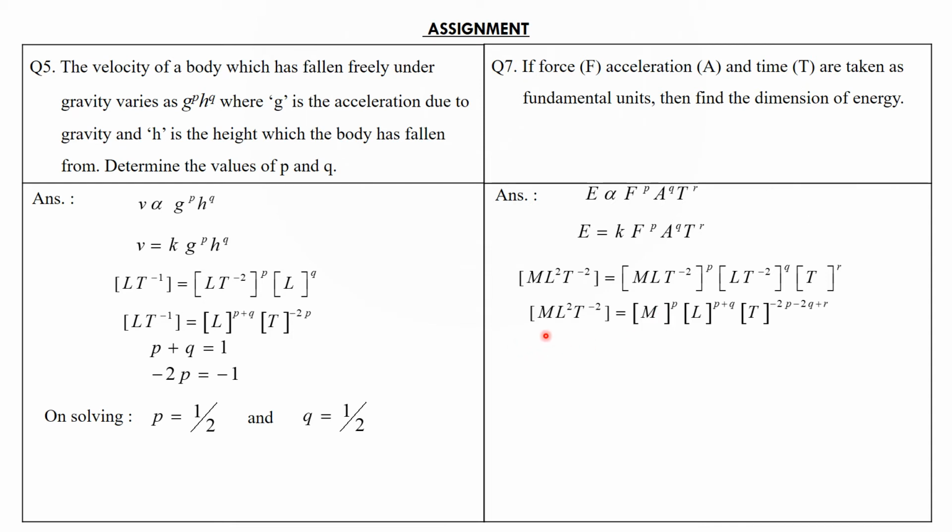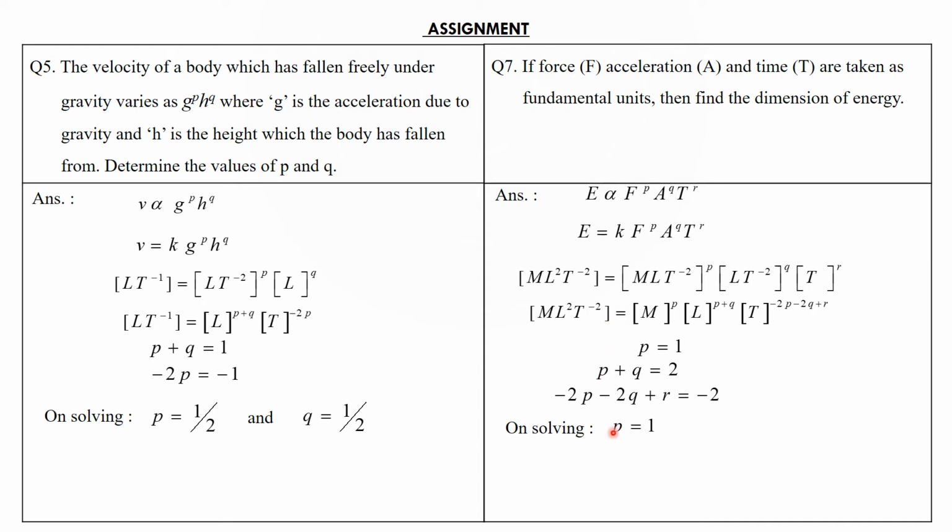Okay, now what we can do, we will put the dimensions on both the sides and let us solve. What we get, M L T minus 2 is equal to M to the power of p, L to the power of p plus q, and T to the power of minus 2p minus 2q plus r. On comparing, we can say p is equal to 1, p plus q is equal to 2, and minus 2p minus 2q plus r is equal to minus 2.